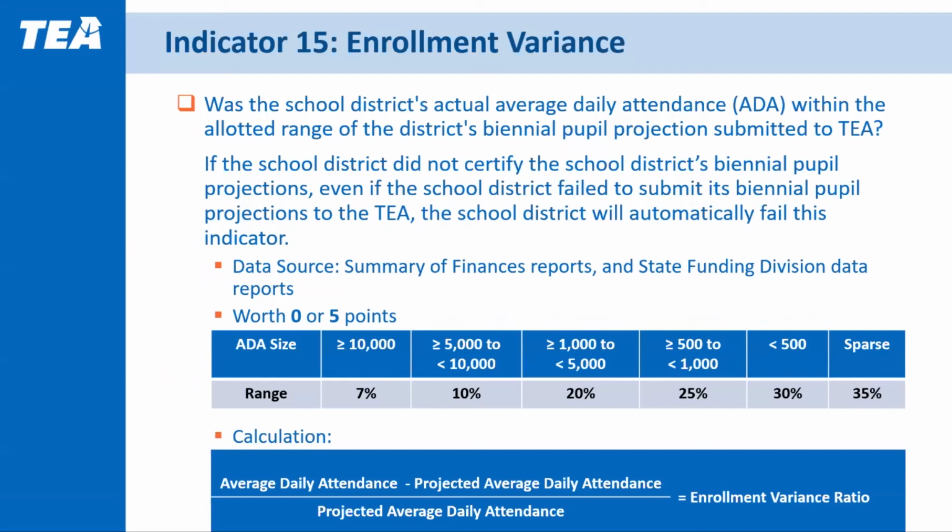So we're asking for your pupil projections compared to your actual average daily attendance. So whatever you submitted to us in the fall of 2018 for the 2020 school year or fiscal year, that's what we will be comparing to this time. And then for the following school years, whatever the pupil projections that you've made are what we're using.